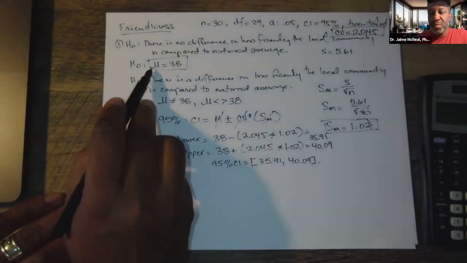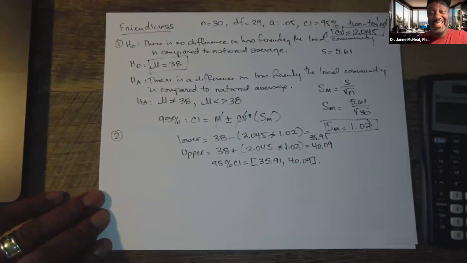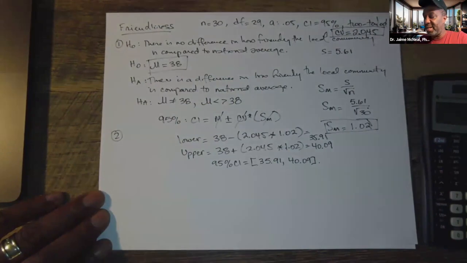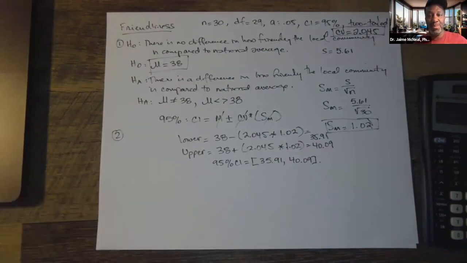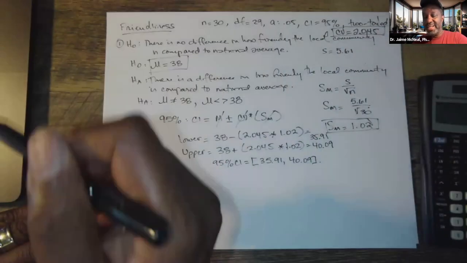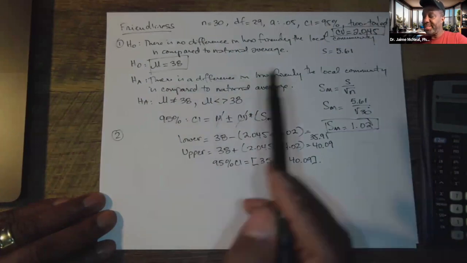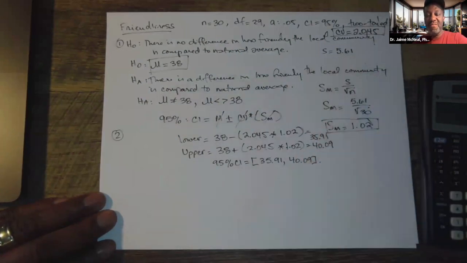Now let's take a look at what we're testing it against. We're testing to see if it is 38. If it's 38, then there is no difference. The confidence interval tells us what the test is likely to be. We're 95% confident that of the data that we collected from the 30 people, where the standard deviation was 5.61.